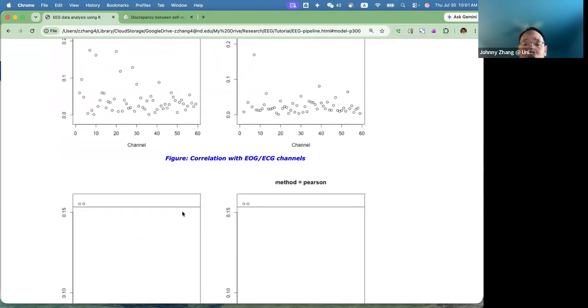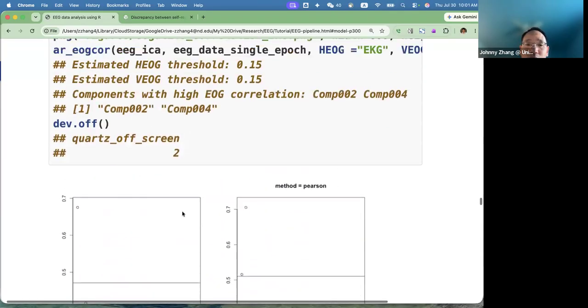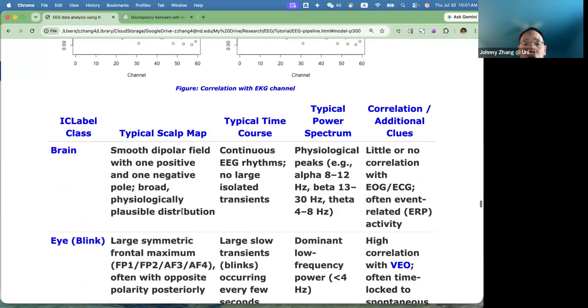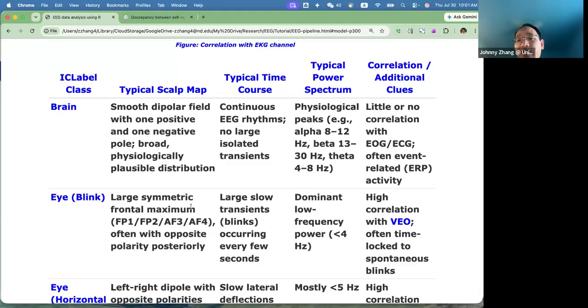So this is a visualization of the correlations. Combining together, we can identify those artifacts more reliably.